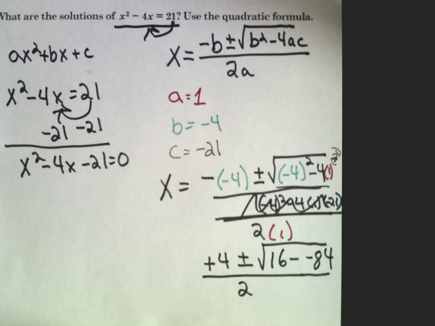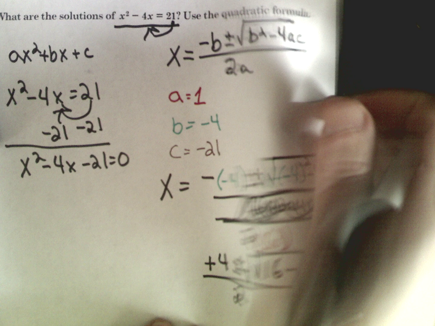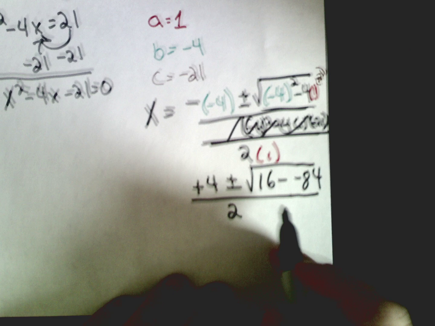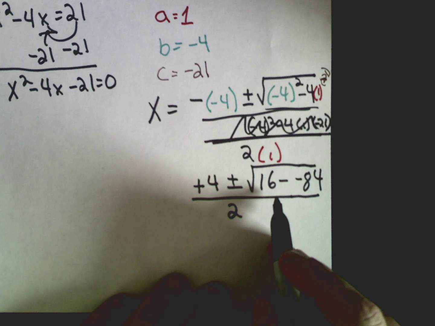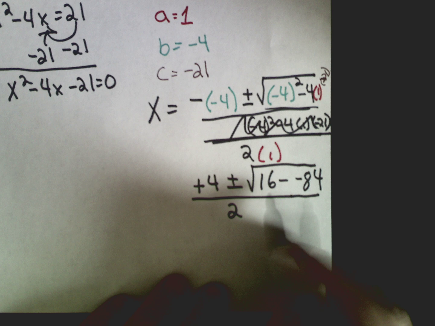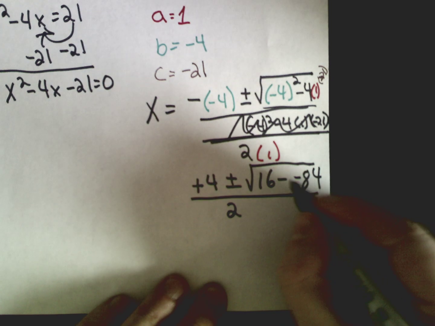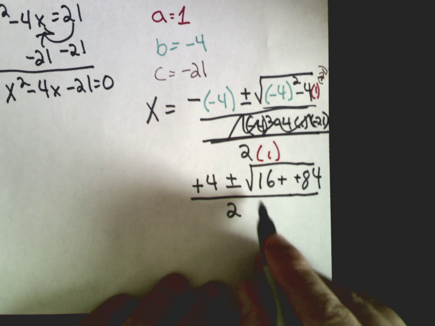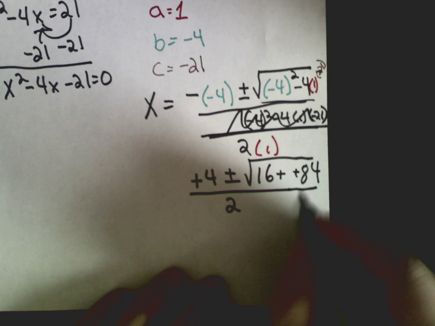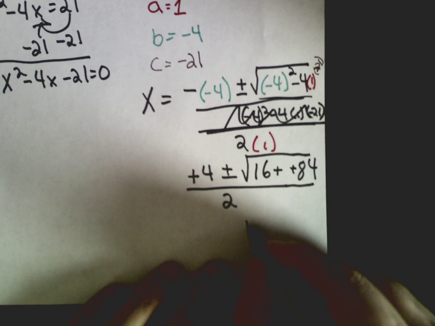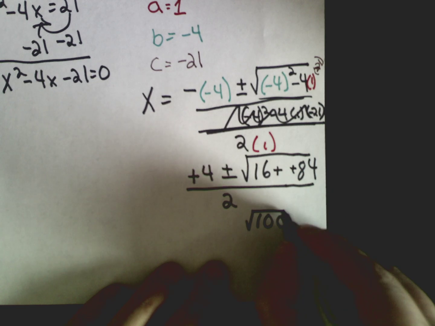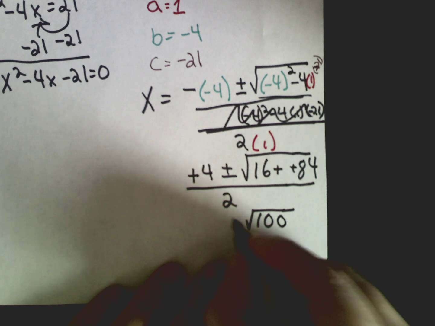Okay, slow and steady. Next step. What is this number? Negative times a negative, plus a negative. Keep change tells us to change this to positive. 16 plus 84, it's a nice number. It's 100. Now, it won't always be this easy. But if it works, it works.